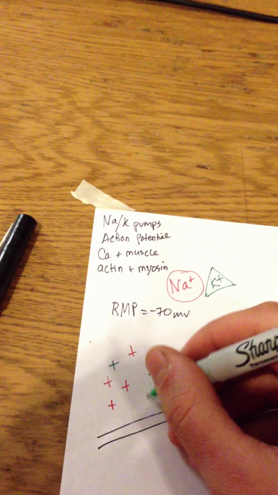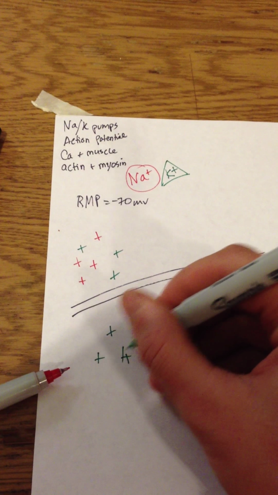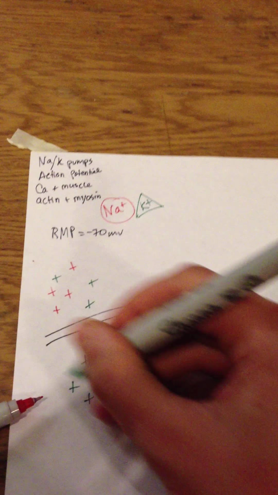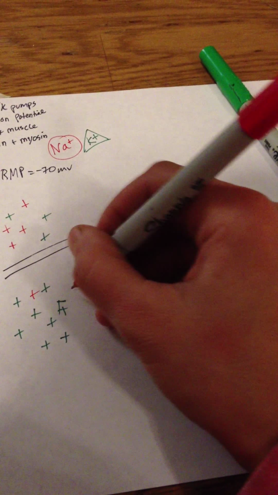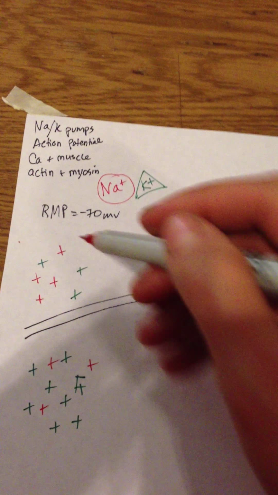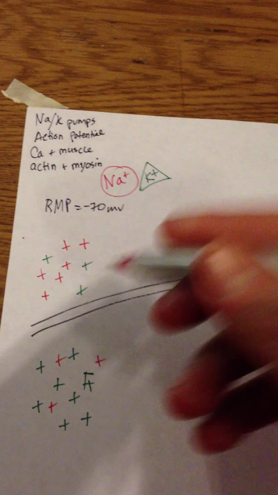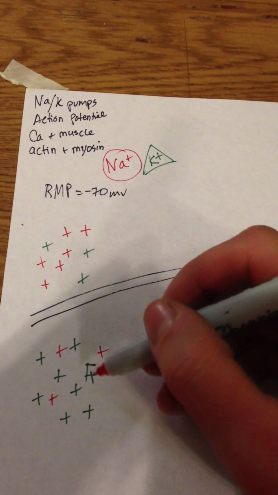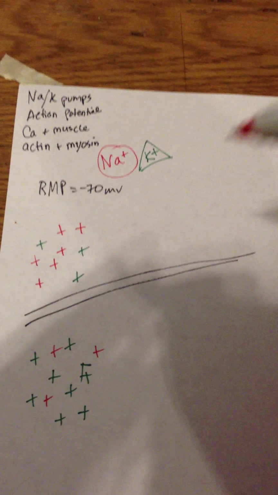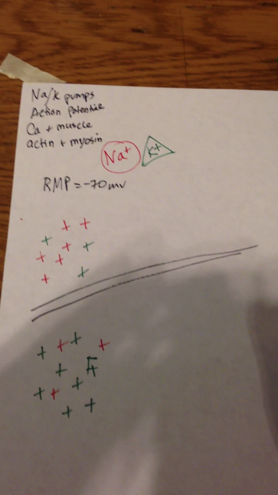They're all positive, but you have more potassium on the inside than you do on the outside, and more sodium on the outside than you do on the inside. So sodium naturally wants to diffuse from high to low, and potassium naturally wants to diffuse from high to low, but they can't because they're being blocked by this membrane.